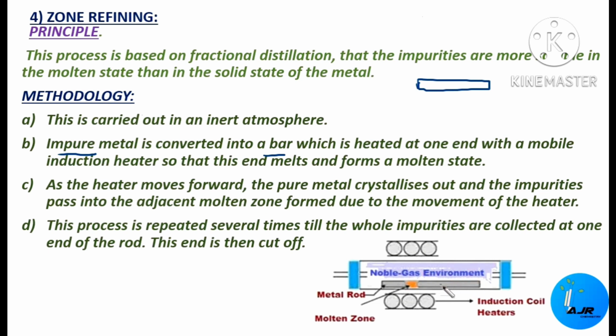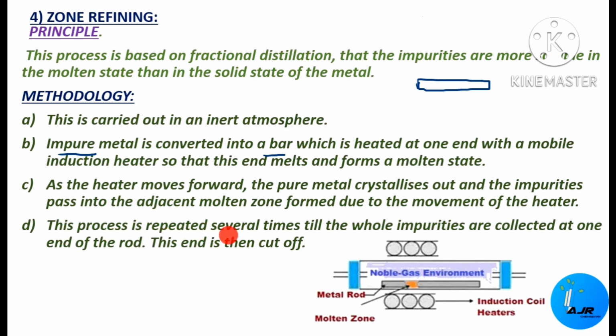As I told you earlier, the impurities are more soluble in the molten state. So automatically the impurities present in the impure bar will also be moving along with the molten zone, and finally it reaches the end. Understand?